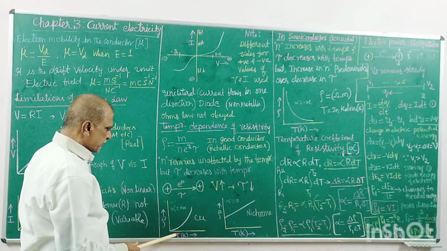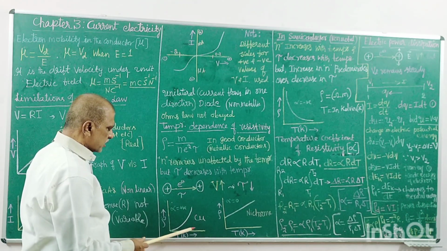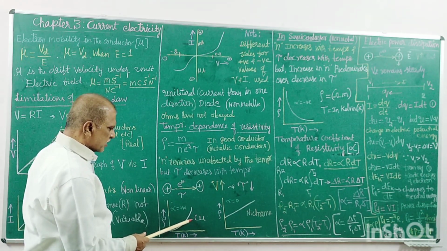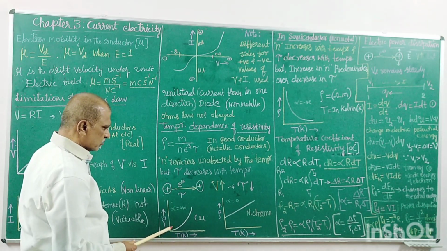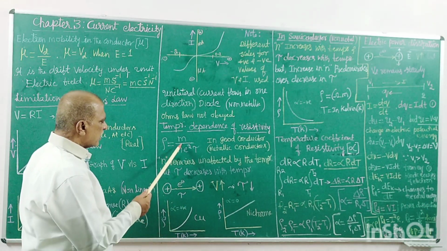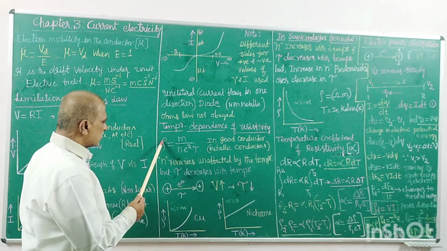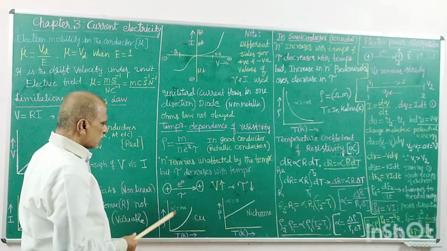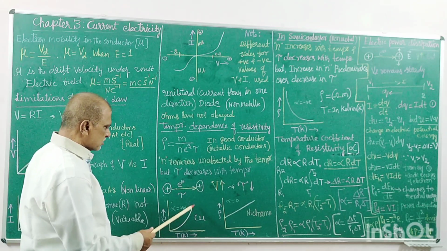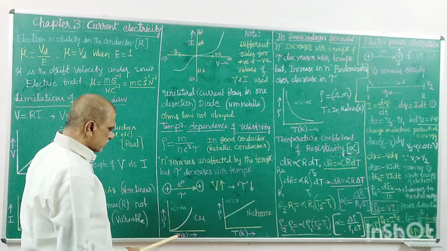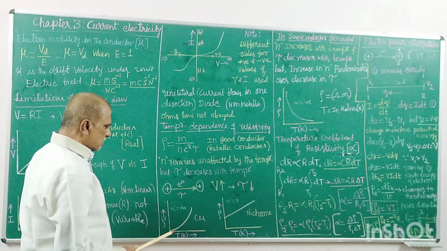Resistivity increases with temperature for good conductors like copper and aluminum. So the equation says resistivity increases with increase of temperature, and experimental evidence says the same, of course as a curve.